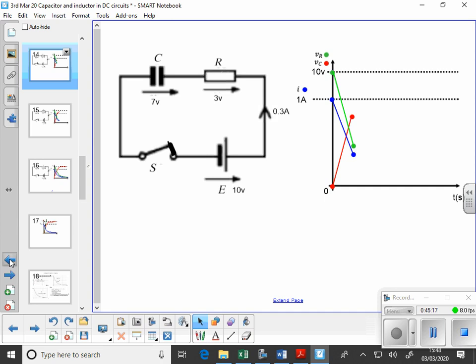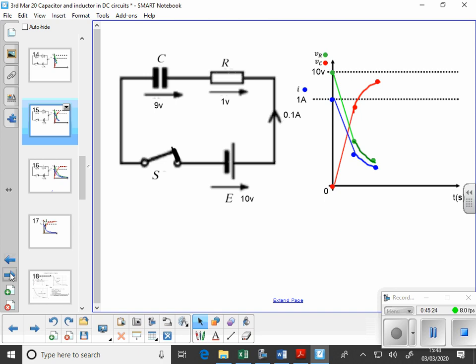If we then go on another small amount of time until the capacitor's got 9 volts across it, and therefore only 1 volt across the resistor and 0.1 of an amp flowing.